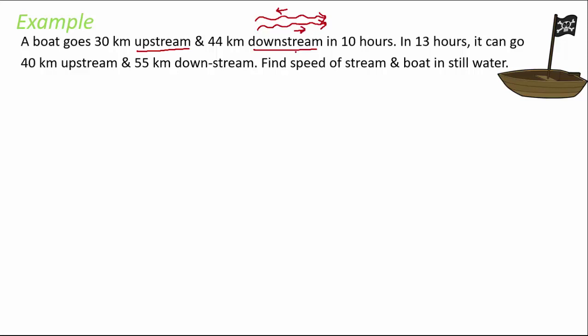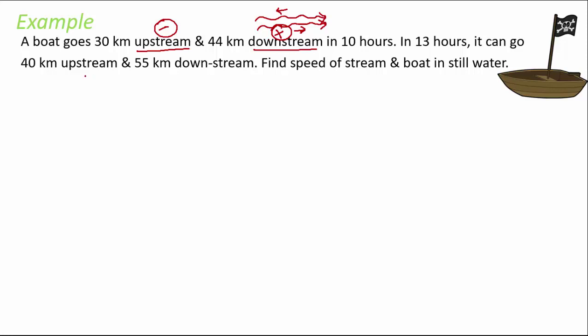Whenever we talk about upstream movement, the net speed gets subtracted because they are not moving in the same direction. But whenever we talk about downstream, the net speed gets added up because they are both moving in the same direction, right? So upstream always means something getting subtracted, downstream means something getting added up.